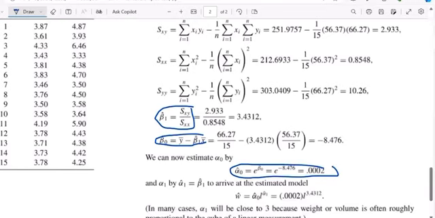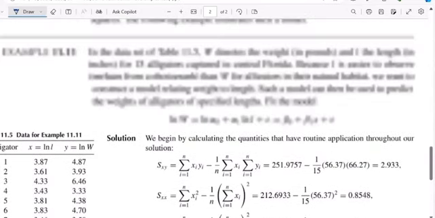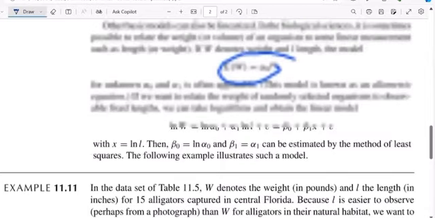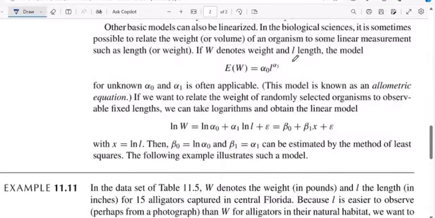Now, if I want to present my model, I'm not going to present the linearized one. I'm going to present the original specification. Take a look at the original specification. The original specification of the model is this here.